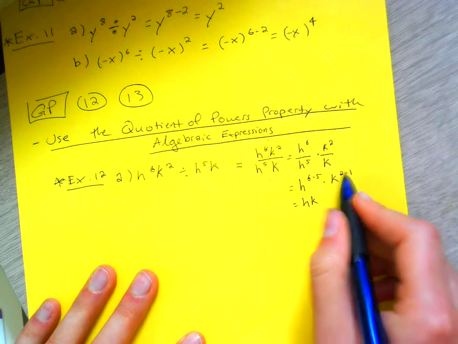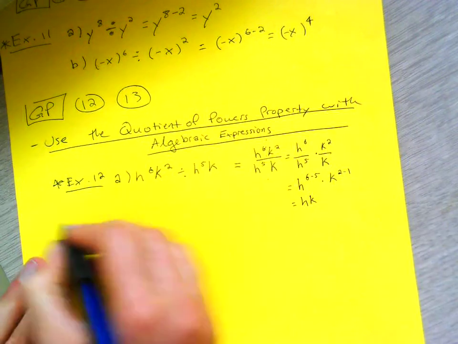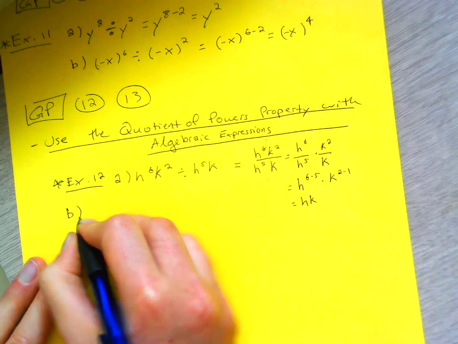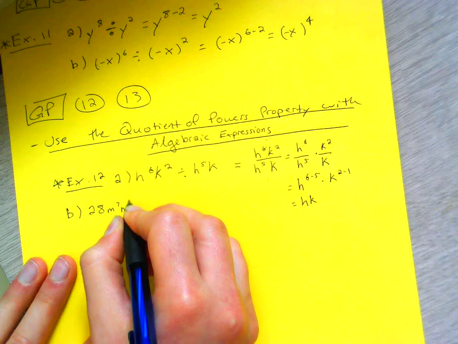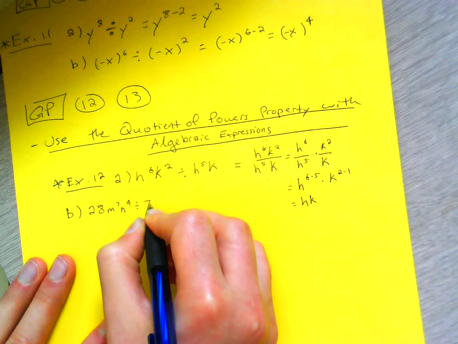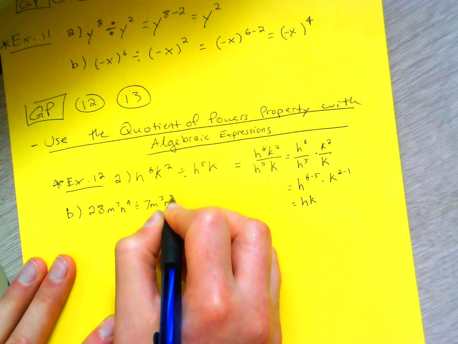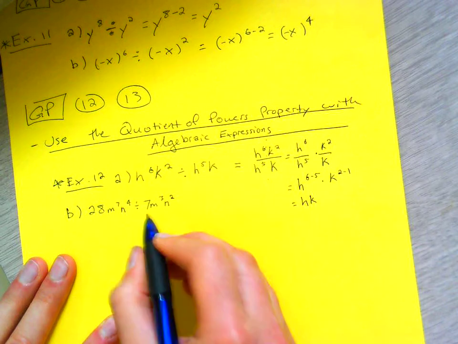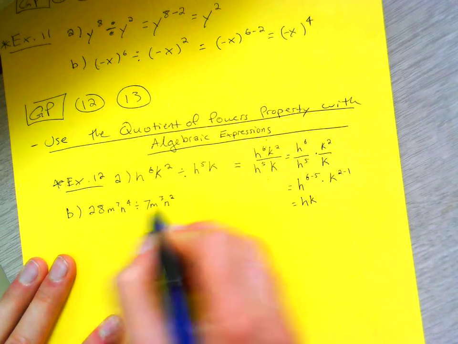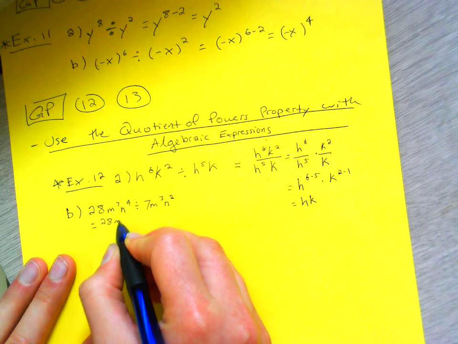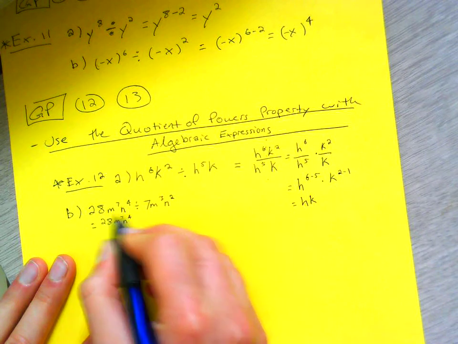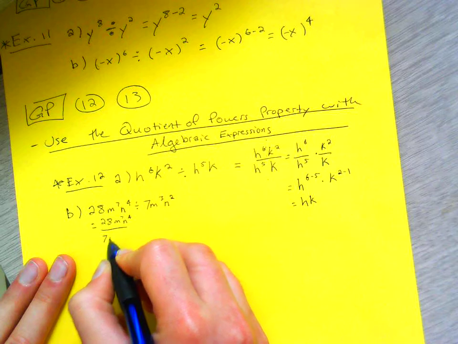Let's try B. In B, we have 28 m^7 n^4 divided by 7 m^3 n^2. In this expression, we're going to rewrite it like we did above: 28 m^7 n^4 divided by the second term, 7 m^3 n^2.